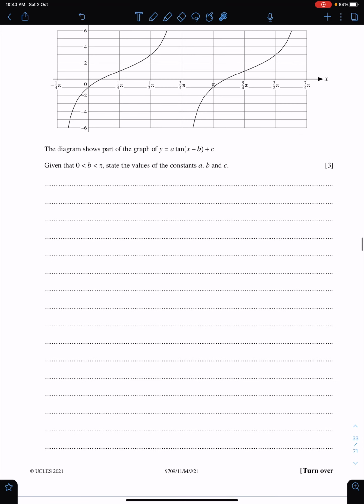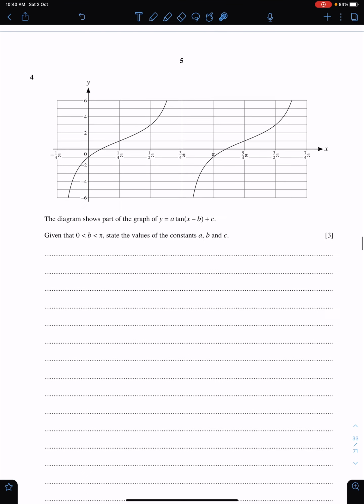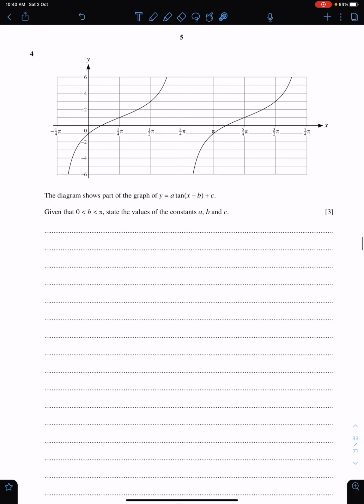This question is from June 21, paper 11. You have to observe this graph carefully. The normal tan graph starts from the origin. And this graph is not starting from the origin. This graph is starting from this point.